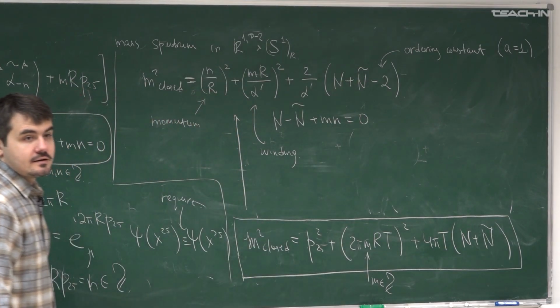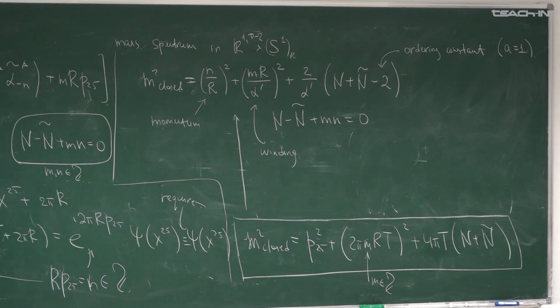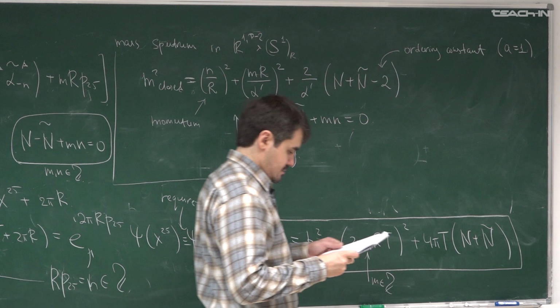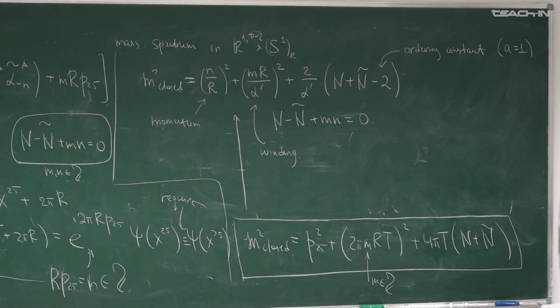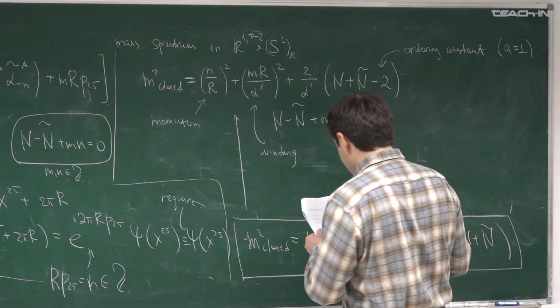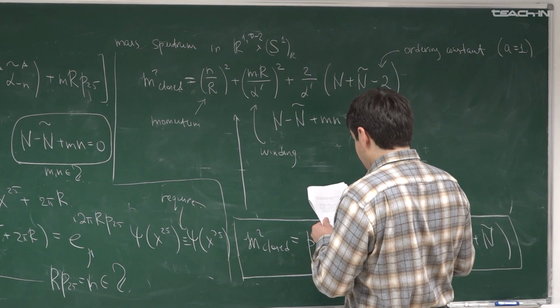So is alpha prime like 1 over 2 pi T or something like that? Yeah, that's right. That's exactly right. T is 1 over 2 pi alpha prime.